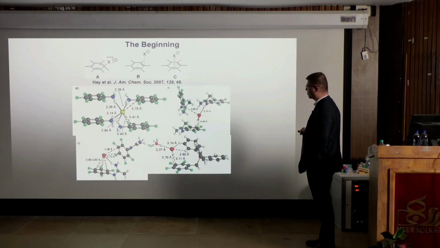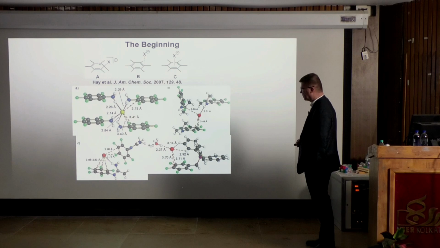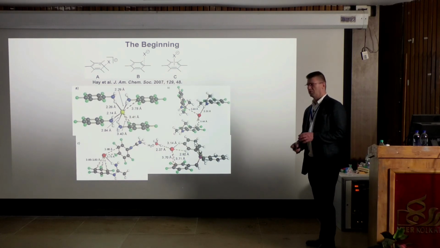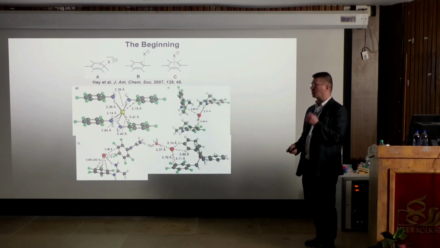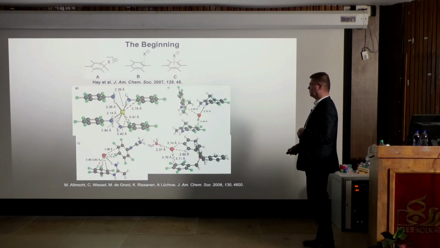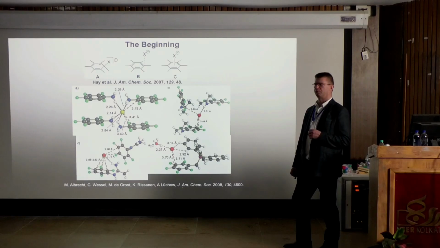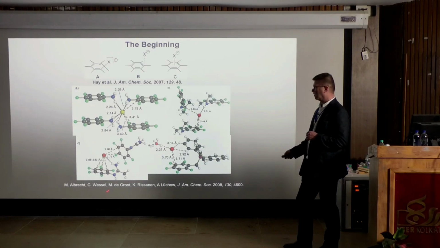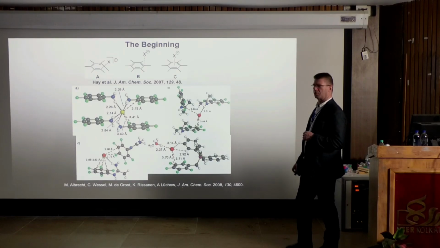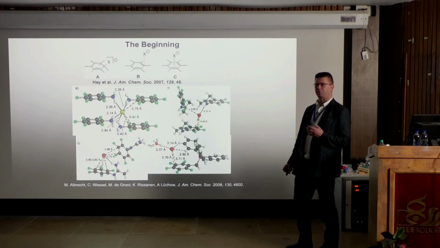There are strong hydrogen bonds in there. Here you can see there's both hydrogen bonding and anion-pi interactions, and the same in here. So we started a project with Markus Albrecht. After 3 months' work, it was published in JACS. So the student, Claudia Vessa, got a really nice paper out of only 3 months' work.